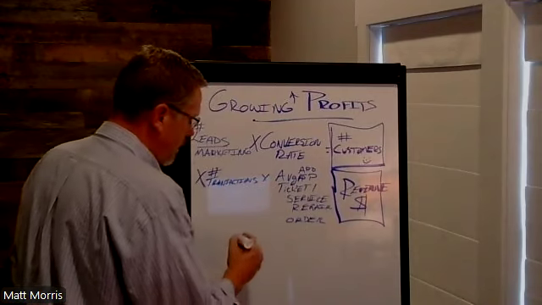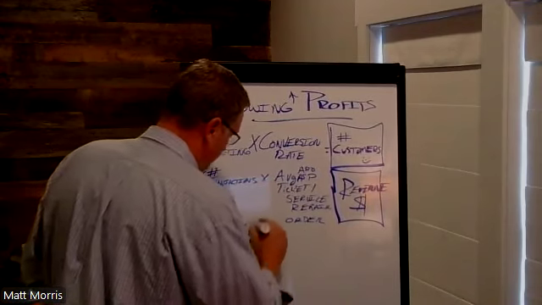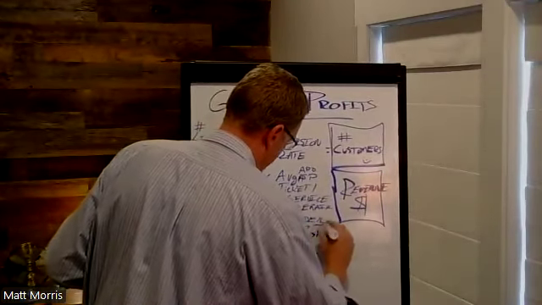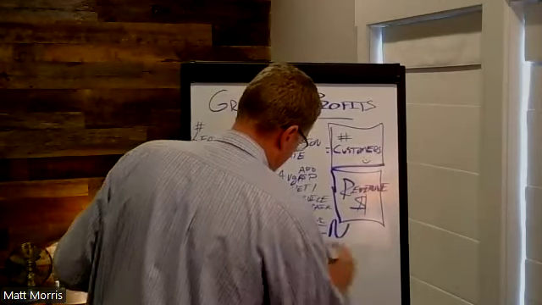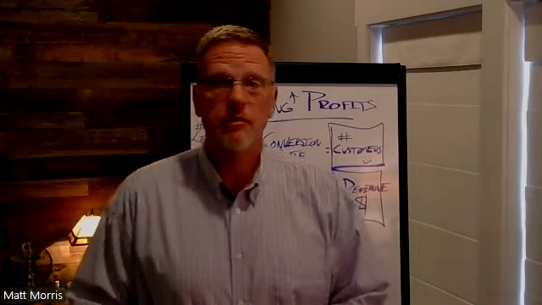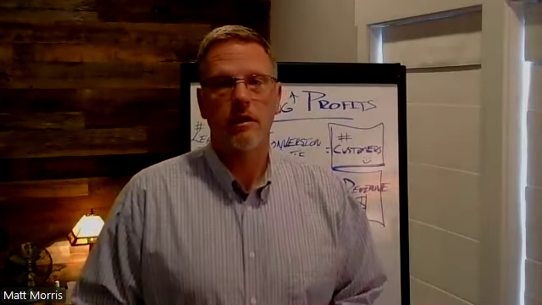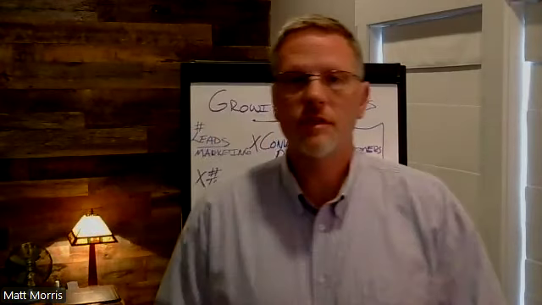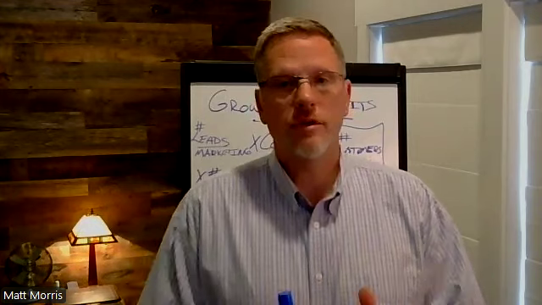It's now a matter of my favorite. All right. Margin. Now the margin is where you get to keep the money. This is where your delivery excellence comes in. This is where systemization comes in. In the last session, I talked about the Pareto principle, 80% systemization, 20% humanization.